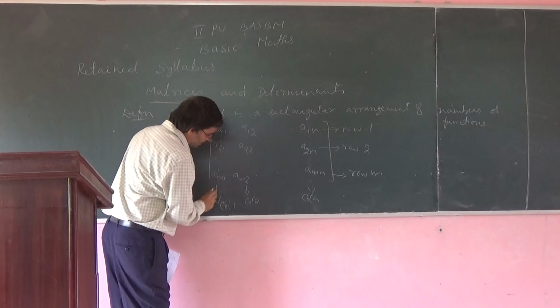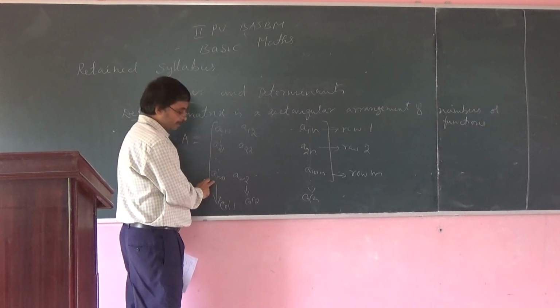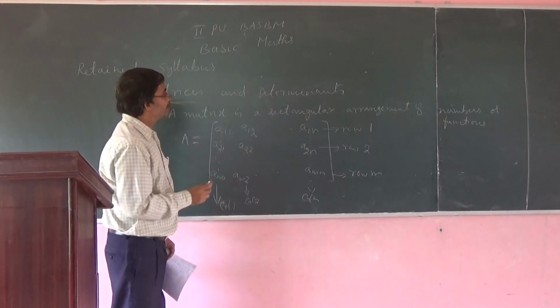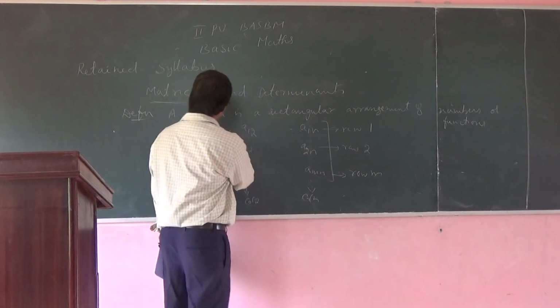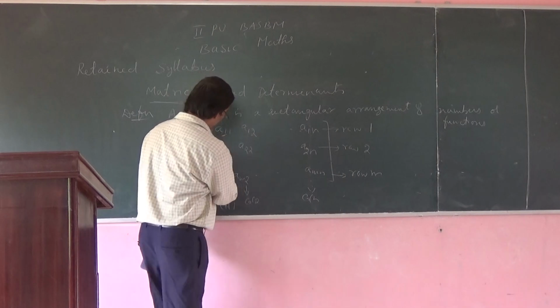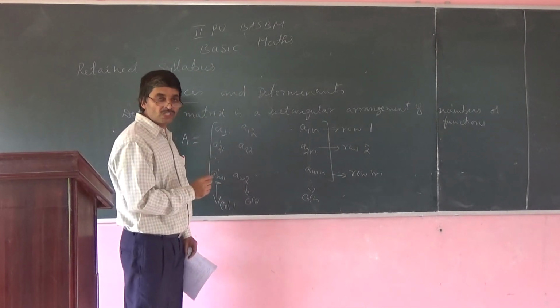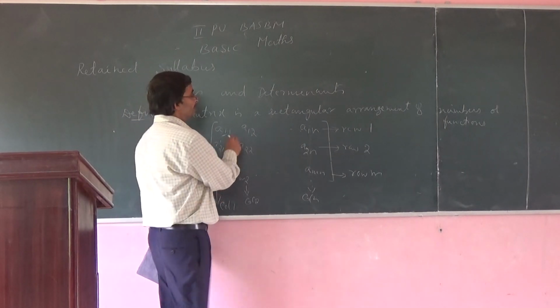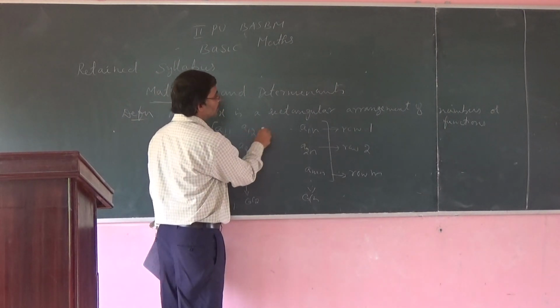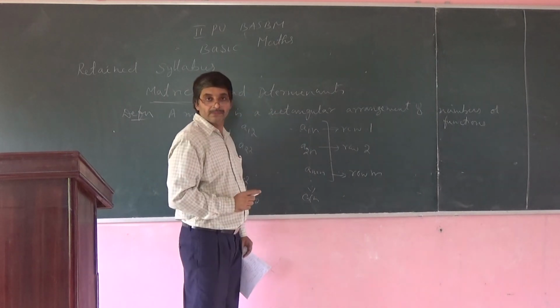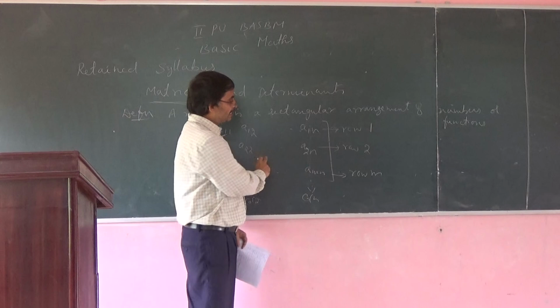In this column there are m elements. So there are m rows and n columns, 1, 2, 3 up to n. So this is a general representation of a matrix.